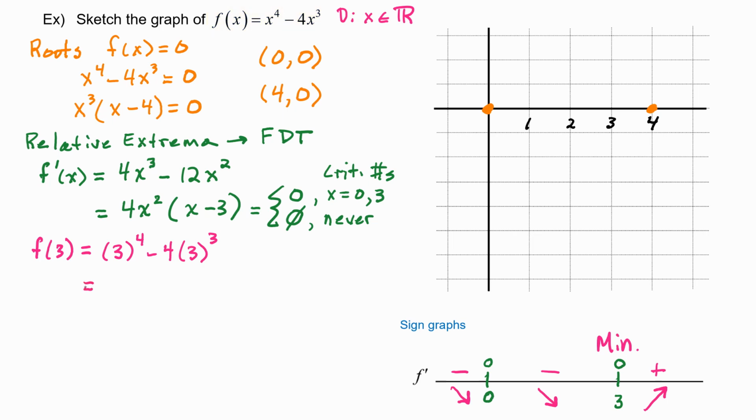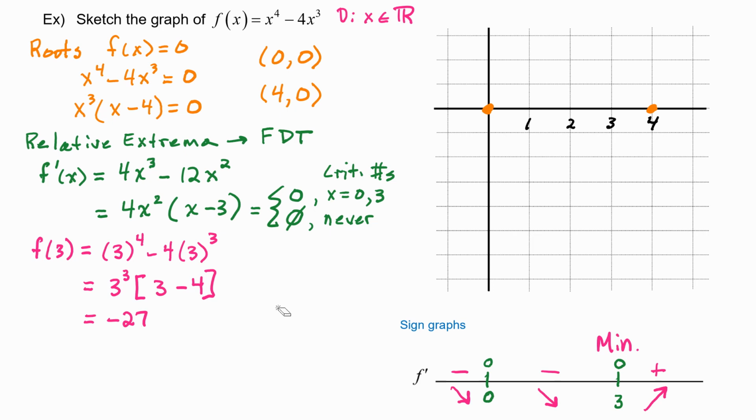Now if you are doing this without a calculator, one thing I would recommend is let's factor out 3 to the 3rd. And then what we would have left is 3 from here minus the 4 from here. Now it's a pretty easy calculation to do in your head because you have 27 times -1, which is -27.